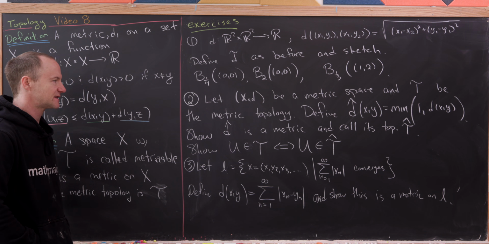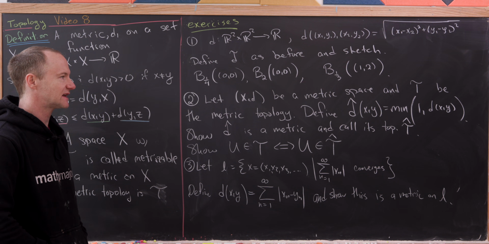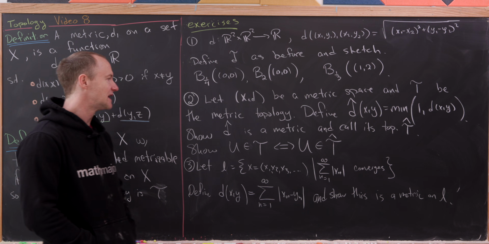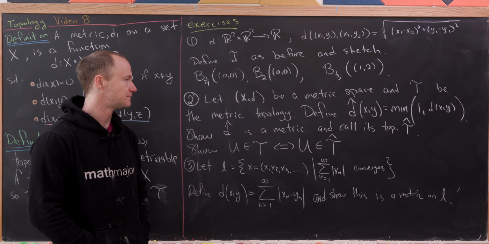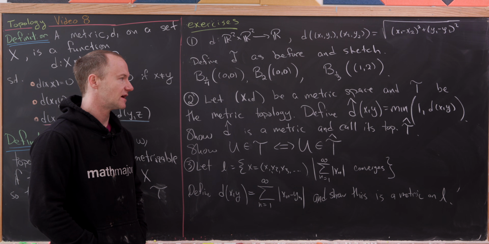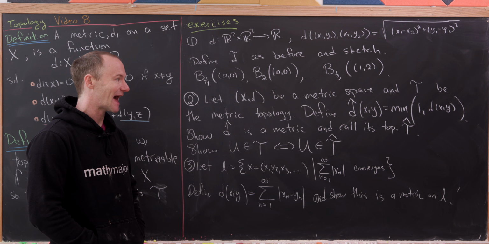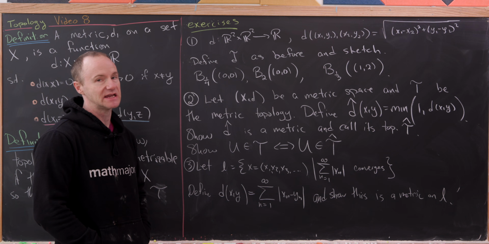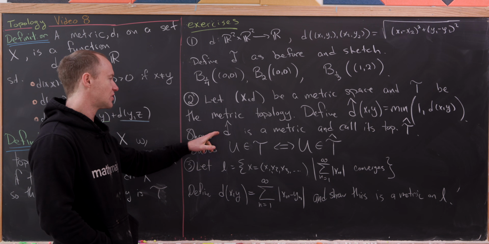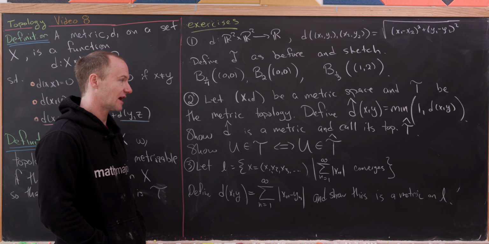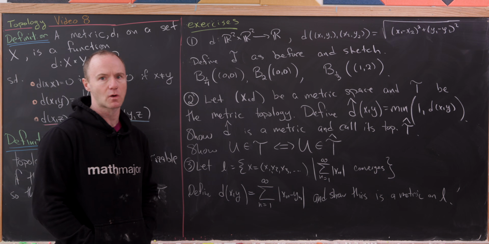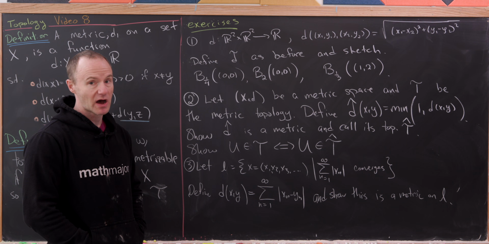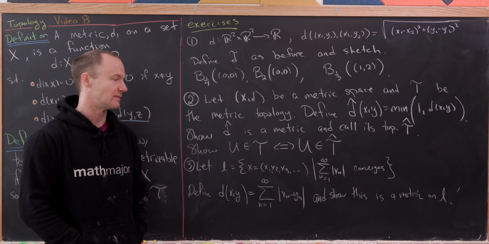Okay, so next up, let's say that we've got a metric space (X, d), and let's say that T is the metric topology. Then let's define a new function, d hat of x y, to be the minimum of 1 and d of x y. Let's show that d hat is a metric, and let's say that T hat is the corresponding topology built out of this metric.